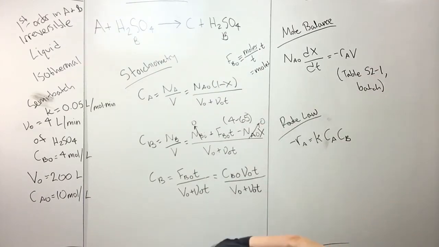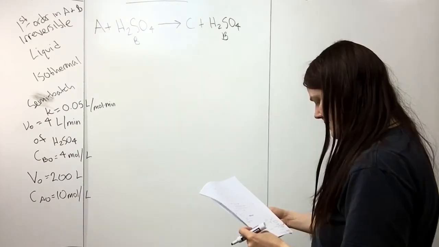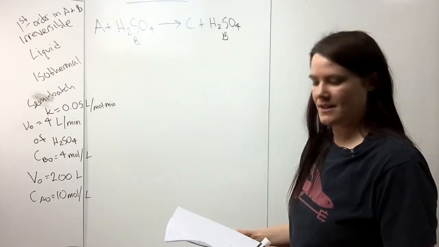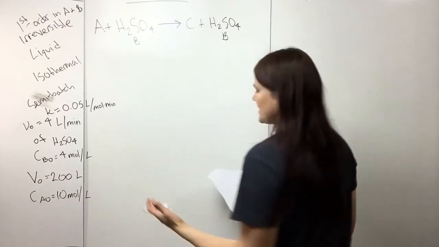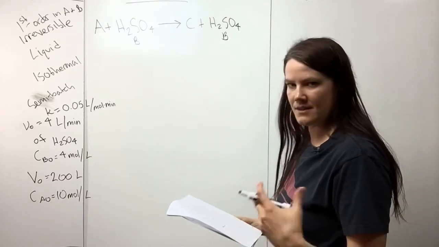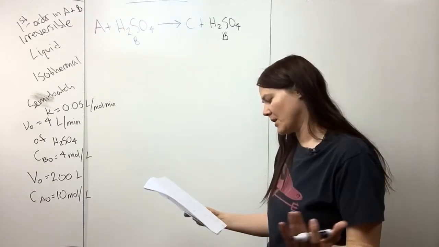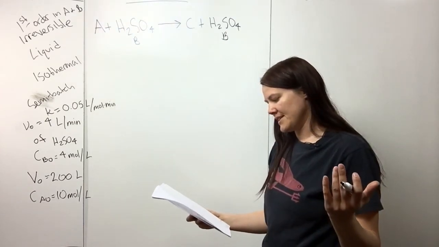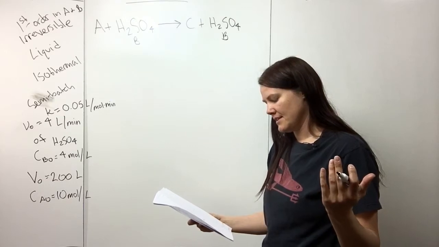I'm going to erase some stuff real quick. So then combining these equations into the mole balance, so we combine the stoichiometry into the rate law and then into the mole balance. And with these problems, if it tells you, just do what it says.